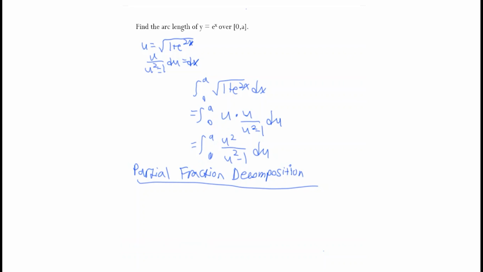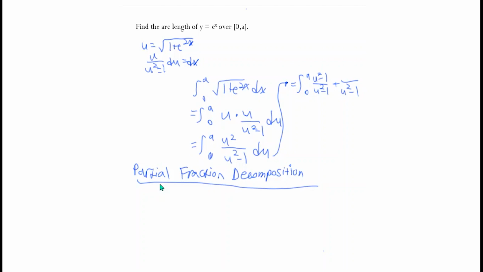But we can make this into an occasion where the degree of the numerator is actually smaller than that of the denominator. And the way we do this is by adding a 1. So we just slap a 1 on the front, and u squared over u squared minus 1 is equal to 1 plus 1 over u squared minus 1.